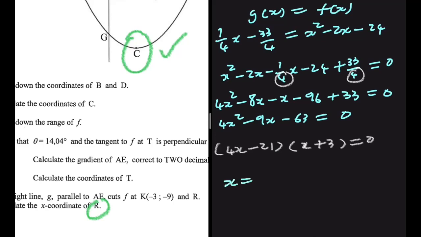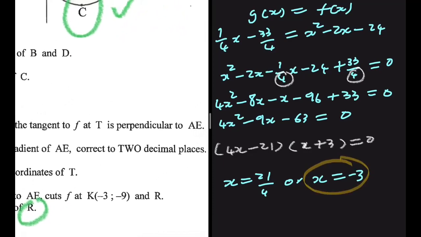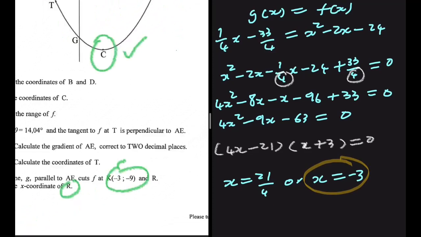So x equals 21 divided by 4, or x equals minus 3. We know that x equals minus 3 is the x value of K. That just tells us that x equals 21 divided by 4 is the x value of R.